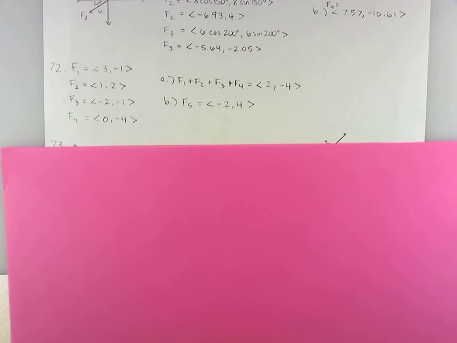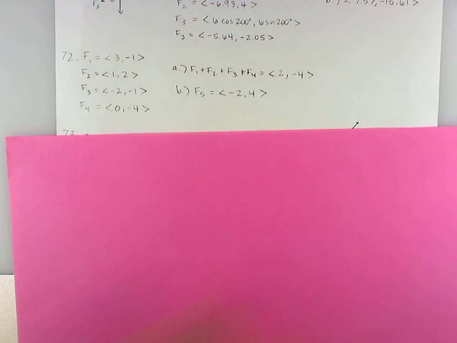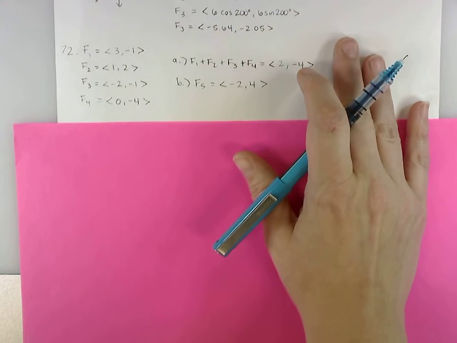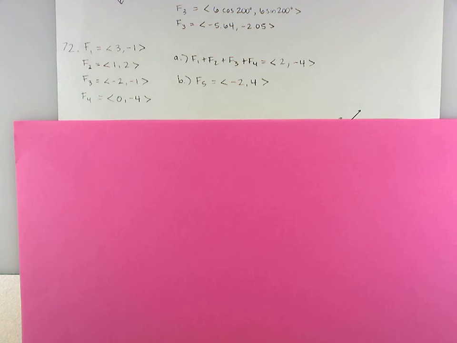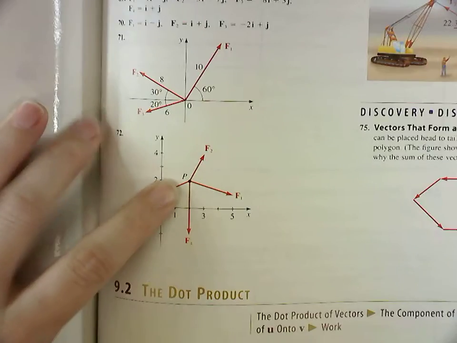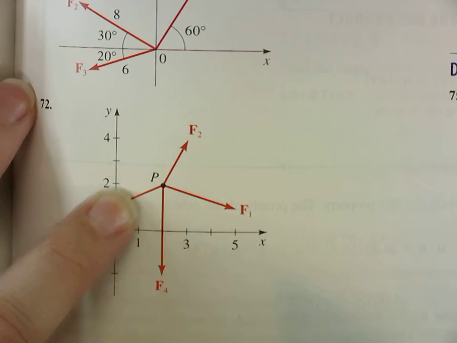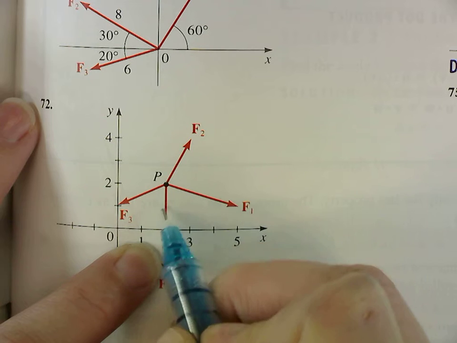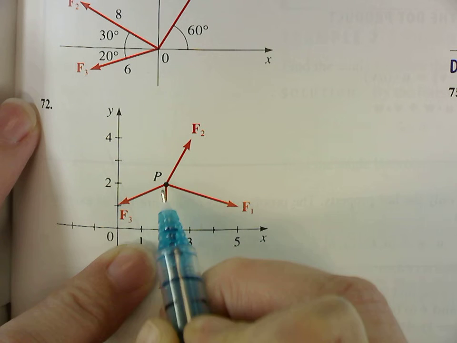Alright. Okay, so for 72, I think some of you forgot about what we did in 9.1. Okay, so in 9.1, we took vectors from just our coordinate grid. So what you can do is you can look at your picture, and here, we'll do one together. So, 72. Okay, so if I'm here at my point P, if you look at force 1, all you have to do is find the vertical component and the horizontal component.